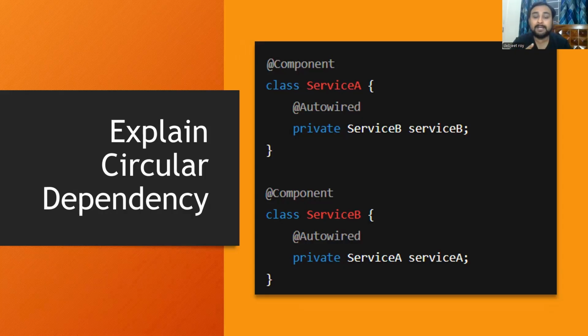Within service B, we are again auto wiring service A. So service A requires service B to get injected, and for injecting service B, it requires injection of service A. So it internally locks within themselves, runs in an infinite loop kind of thing, and it will be a stack overflow. This specifically creates a tight coupling between the beans.